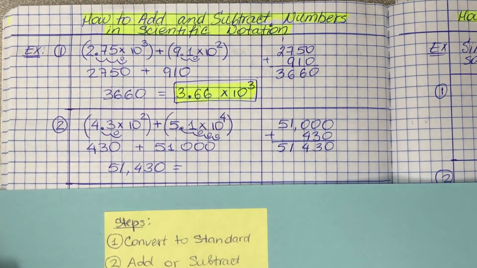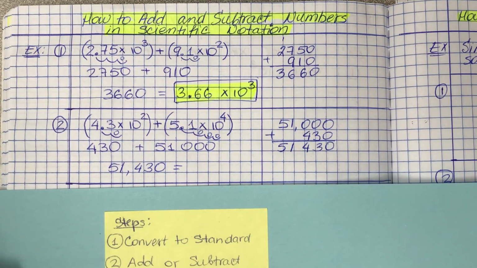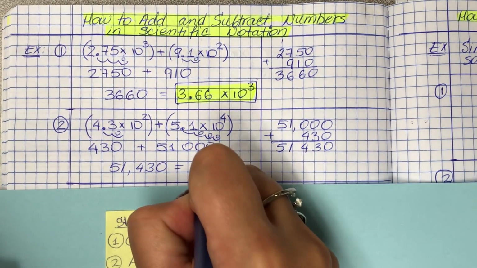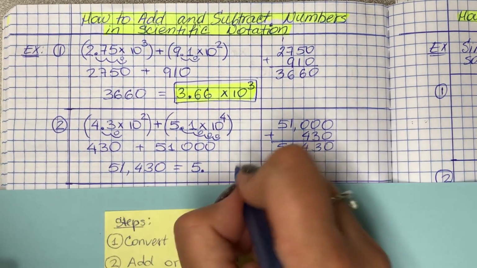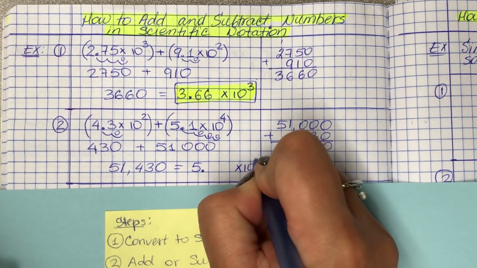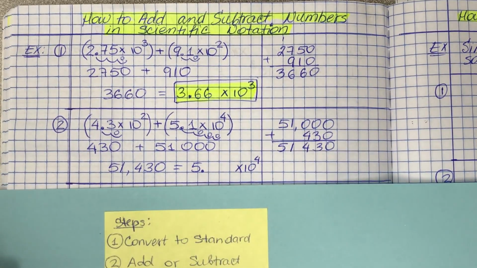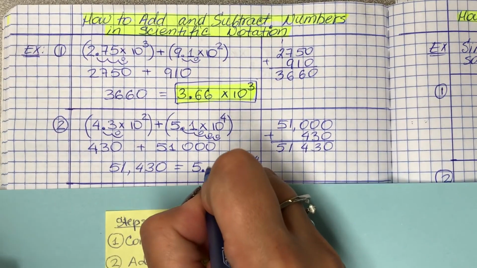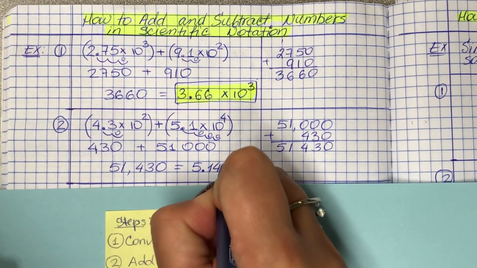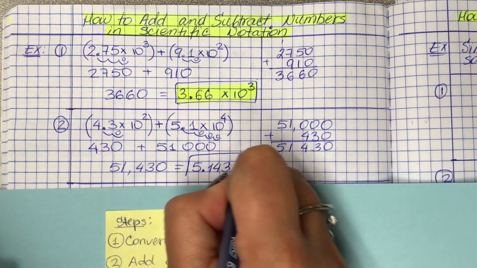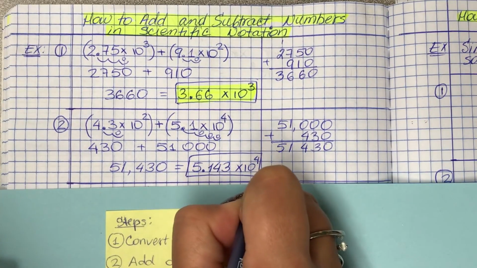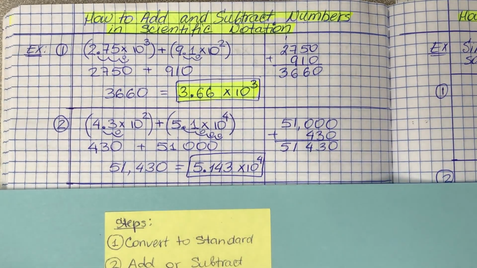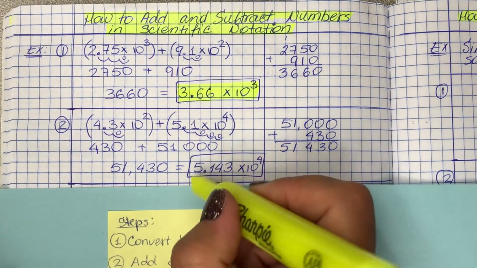In scientific notation, we need to place the decimal after the first significant digit 5. Then we need to multiply it by a power of 10 to the fourth, which represents the 10,000. And behind the decimal, we have 1, 4, and 3. So 5.143 times 10 to the fourth power.